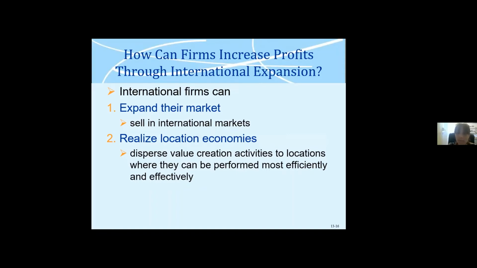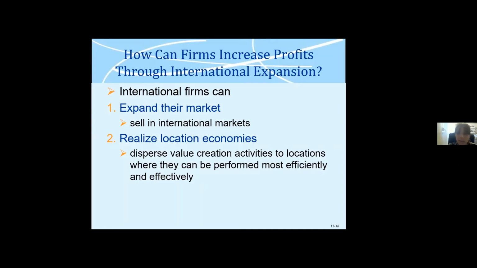Firms that operate internationally are able, first of all, to expand the market for their domestic product offering by selling those products in international markets, and second, to realize location economies by dispersing individual value creation activities to those locations around the globe where they can be performed most efficiently or effectively.